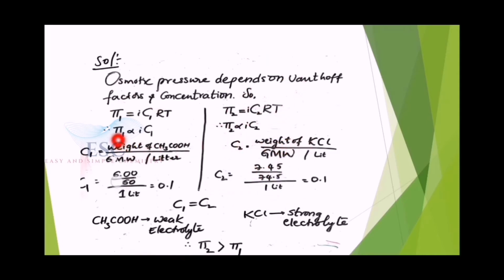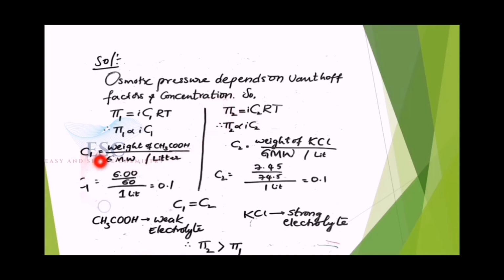So see here, the osmotic pressure π1 is equal to iC1RT. The osmotic pressure π2 is equal to iC2RT. Here RT is constant, so π1 is directly proportional to iC1, π2 is directly proportional to iC2. i is the Van't Hoff factor, C is the concentration of the solutions.